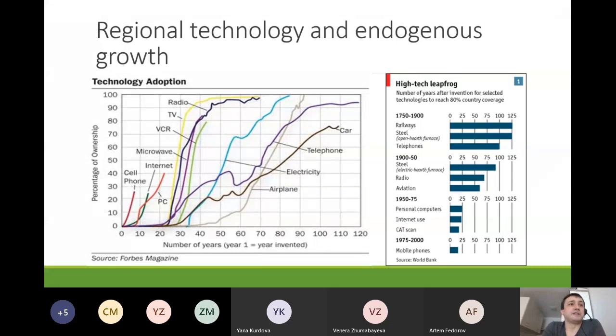Obviously, there are differences in people, there are differences in how much capital you accumulate, but the biggest difference almost always is what kind of technology you are actually using.